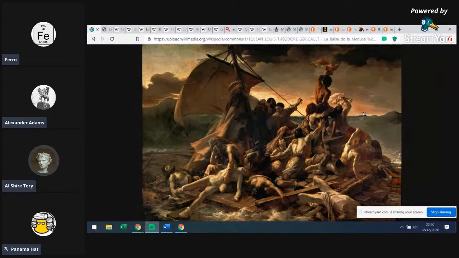I thought that was quite interesting because the storm doesn't necessarily mean that was their saving hope. It's like an uncertainty over the men on the raft.